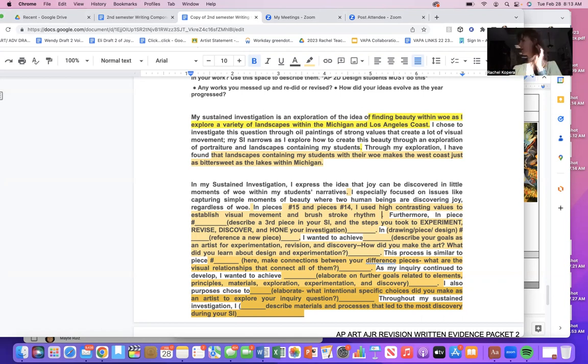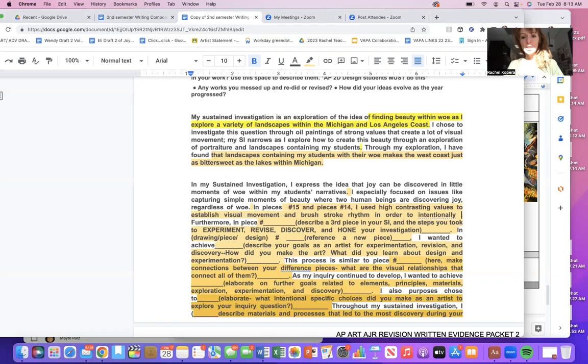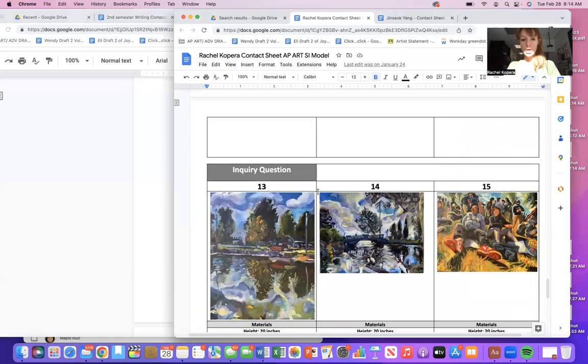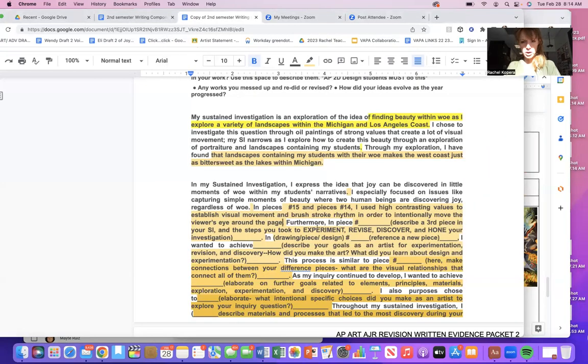I can stop that, the copies, if you need me to. So this is tricky because within a short amount of time, you need to talk about multiple pieces. Furthermore, in piece, so see how I'm jumping back and forth between my contact sheet and my slide? In a third piece, how do you experiment, revise, discover, and hone your investigation?